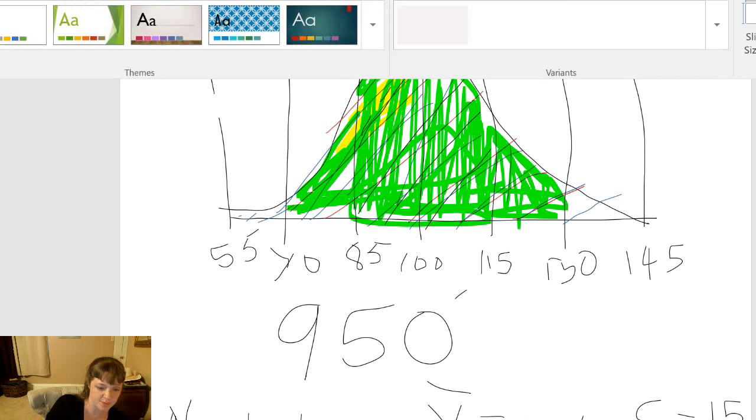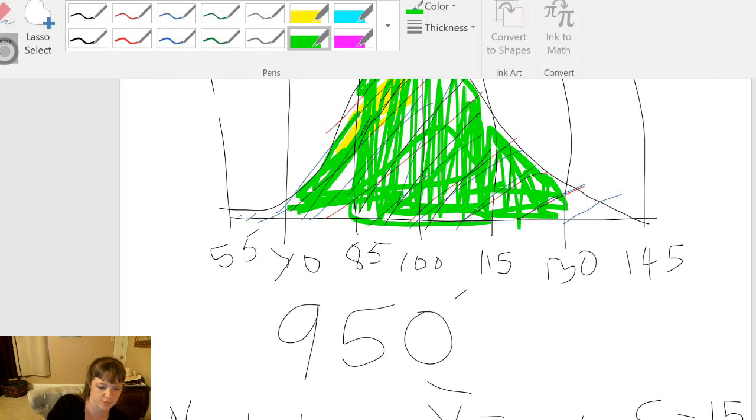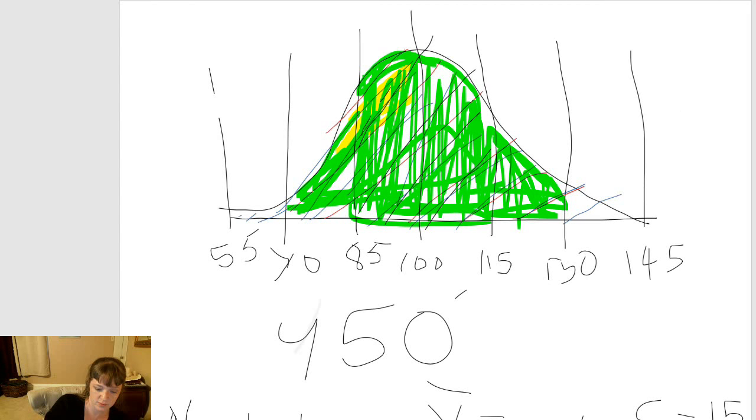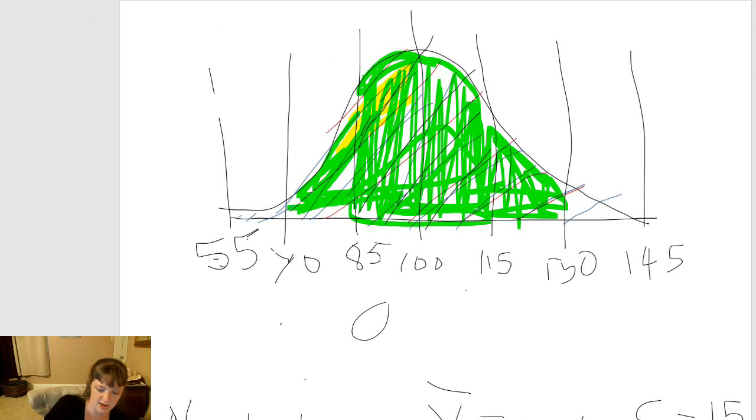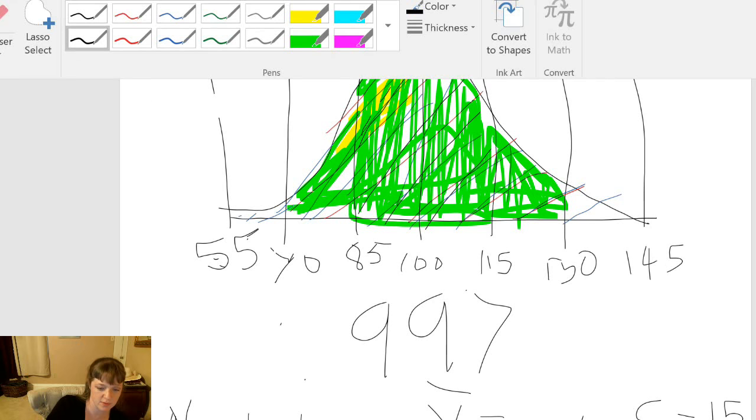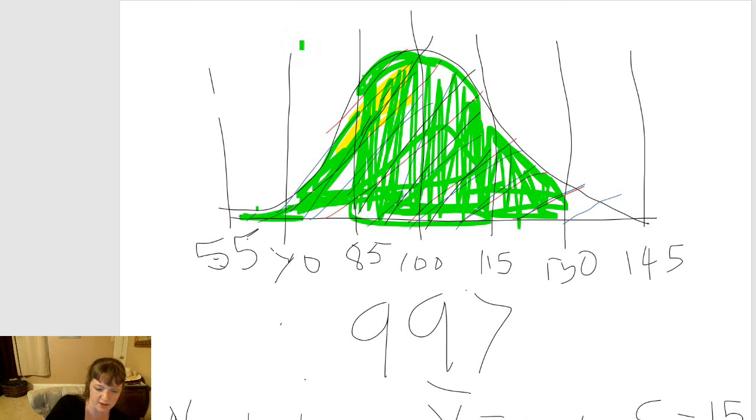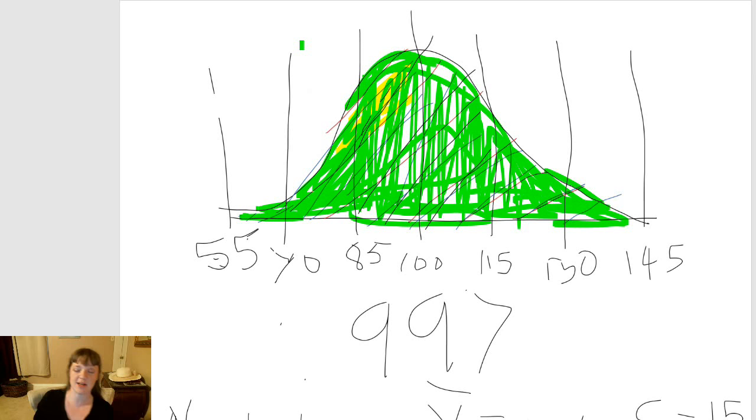And 997 people will have IQs between 55 and 145, because that's 99.7%, or a proportion of 0.997 of 1,000 people.